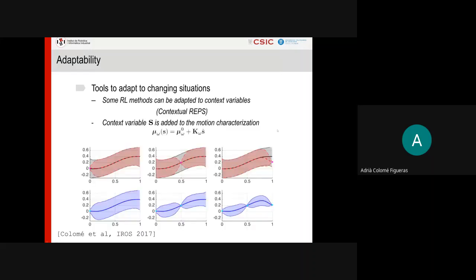But what I think is also very useful is to add a context variable S that can represent anything that we can measure from the task and that is influencing the task, to the motion characterization. Adding this, we can make the motion conditioned by this variable.